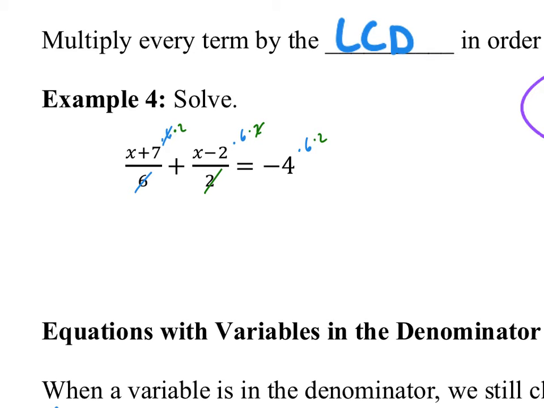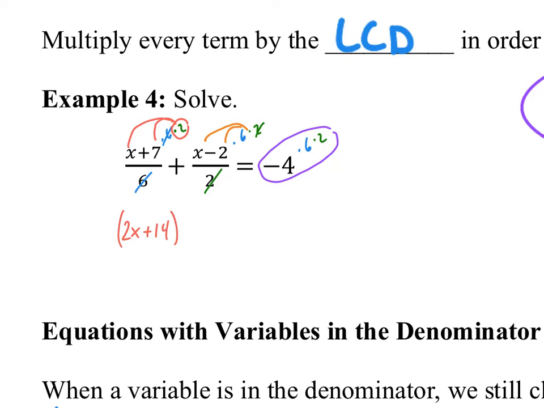So what am I left with? Here I'm left with 2 times x plus 7. Here I'm left with 6 times x minus 2. And here I'm left with negative 4 times 6 times 2. As I bring down the 2 times x plus 7, it's 2x plus 14, and since it's all coming down at once, which is something you've heard me say before, that goes in parentheses.